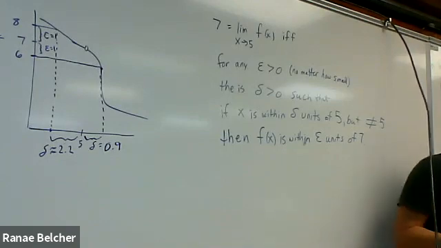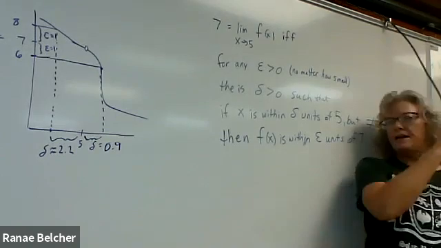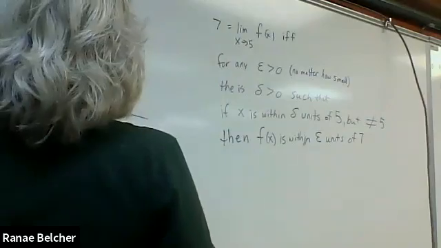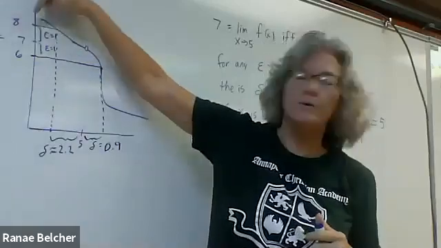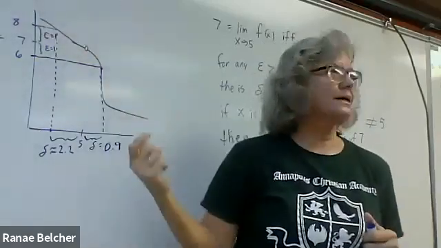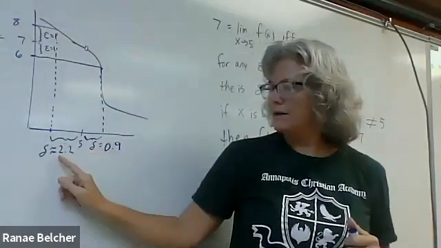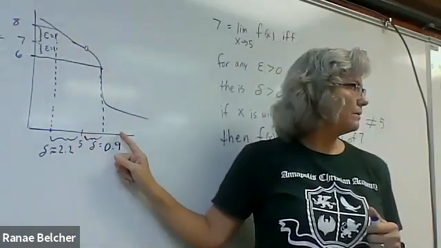So for epsilon equal to 1, approximately what must delta be equal to in the definition of the limit in order for f of x to be within epsilon units of 7 whenever x is within delta units of 5? If I want to make sure I'm never more than 1 unit away from 7, how close do I have to stay to 5? If I said I can stay within 2.2, but what if I went 2.2 units this way? That would not work.